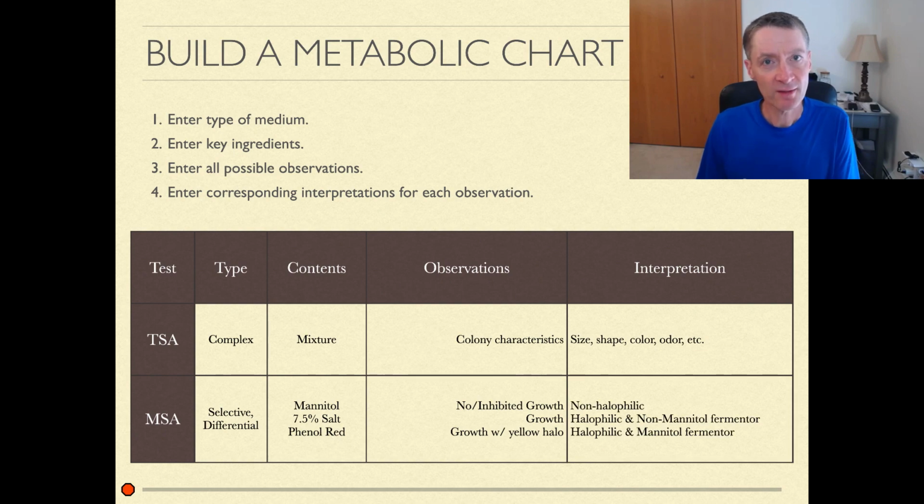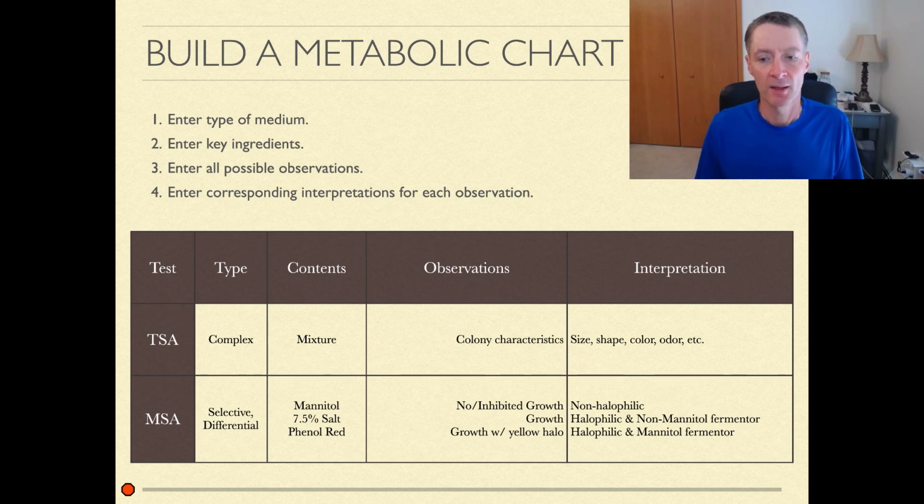So in this last column, what we do is we line up what each of those tell us about the organism. If there's no growth, we'd say that it's a non-halophile, right? It's non-halophilic. It's not capable of growing in that salt environment. If it grew, but there was no color change, well, then we'd say it's a halophile, right?